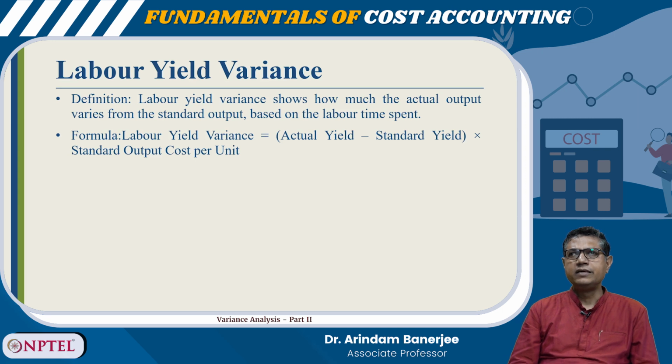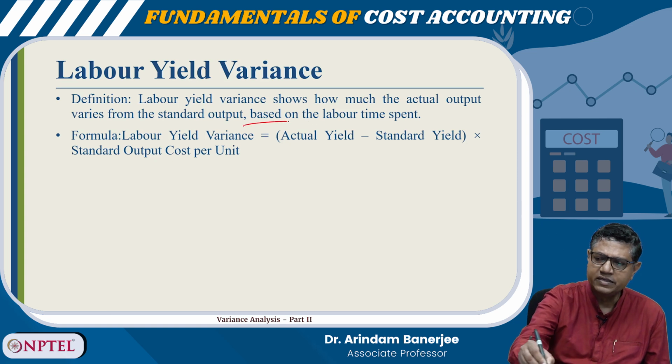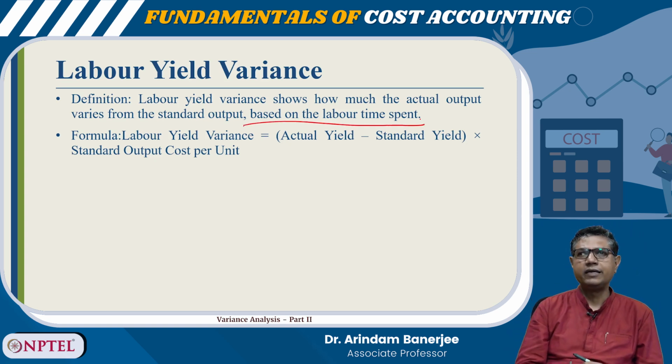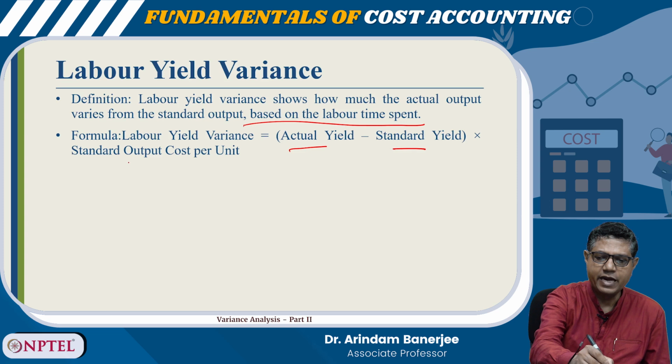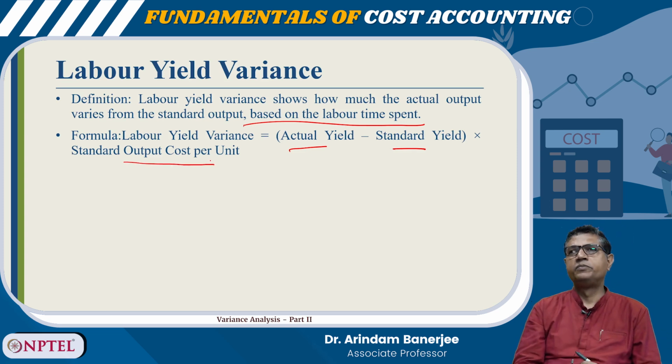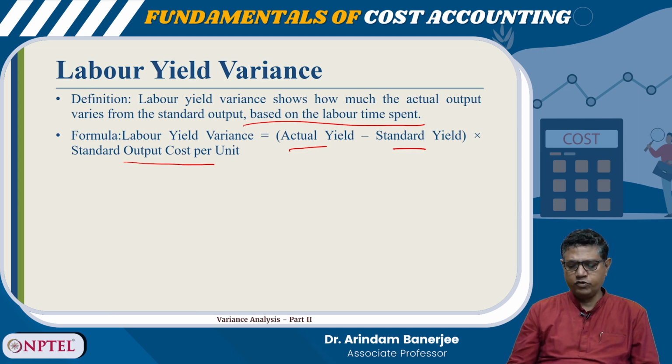The next one is labor yield variance. The labor yield variance shows how much actual output varies from the standard output based on the labor time spent, right? So, labor yield variance is equal to actual yield minus standard yield into standard output cost per unit.